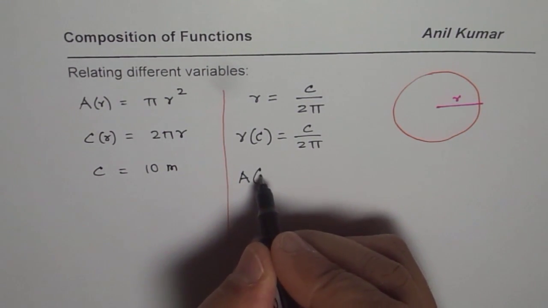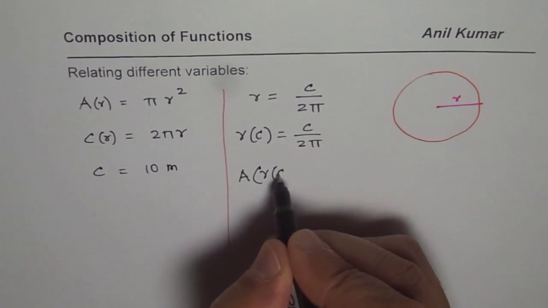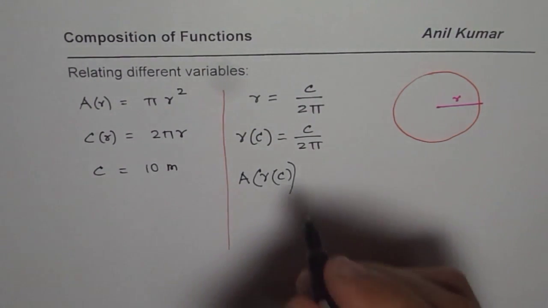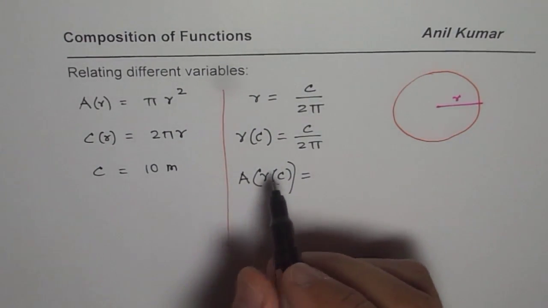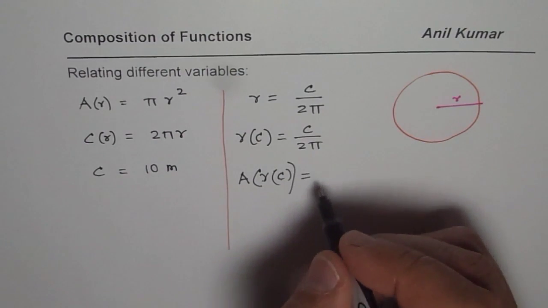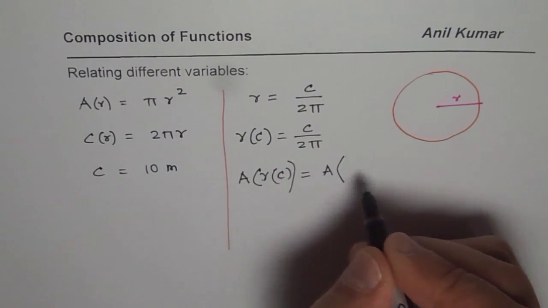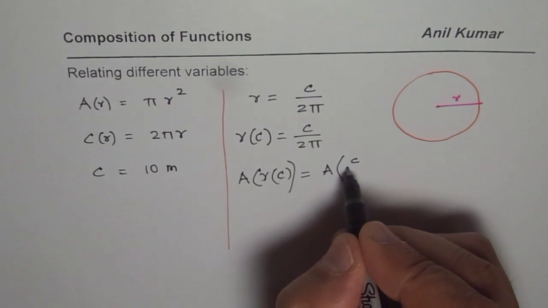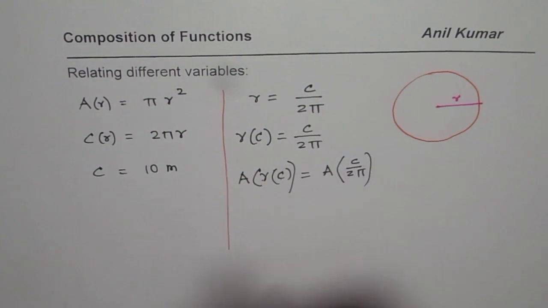Now we could write this r as a function of circumference, and then get our formula. So r as a function of circumference is c over 2 pi. So what we get here is area as independent variable, r of c becomes c over 2 pi. Do you get the answer?